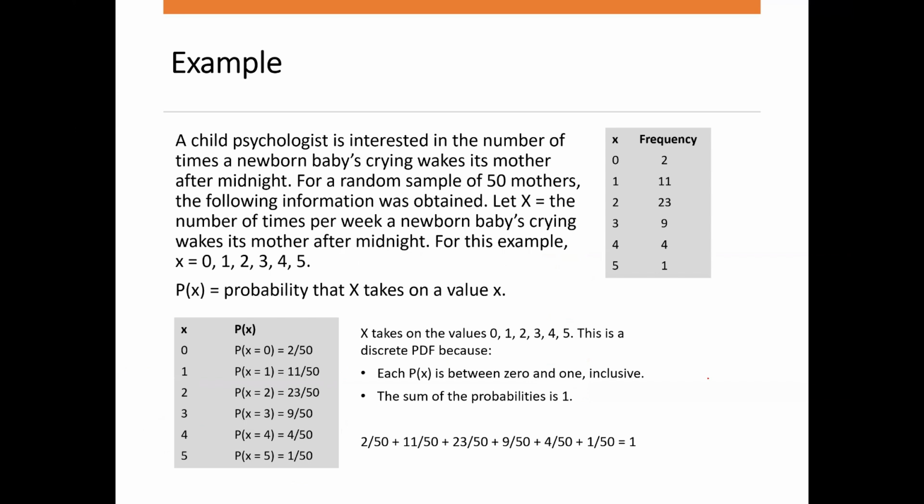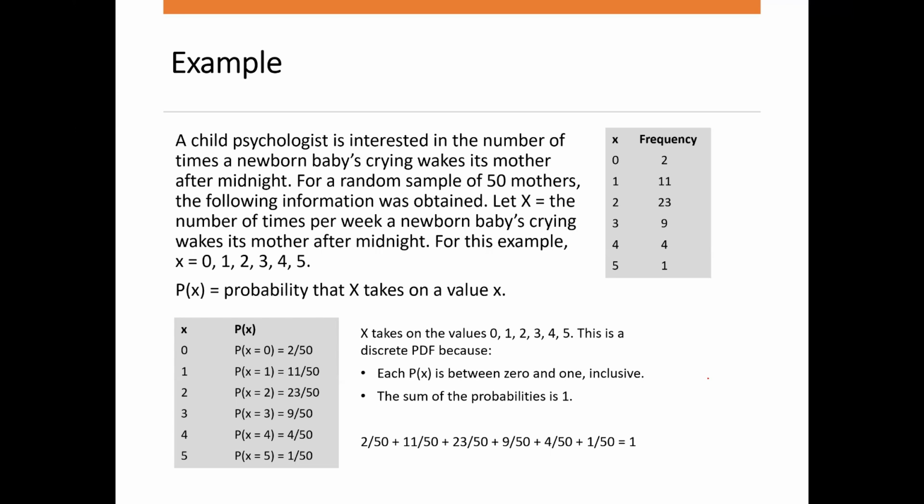And there it is on the lower left. So the probability that X takes on the value of 0 is 2 out of 50. The probability that X takes on the value of 1 is 11 out of 50, 2 is 23 out of 50, etc. Now, what has to be true for this to be a discrete probability distribution is that each of those probabilities on the right side of that table in the second column have to be between 0 and 1.